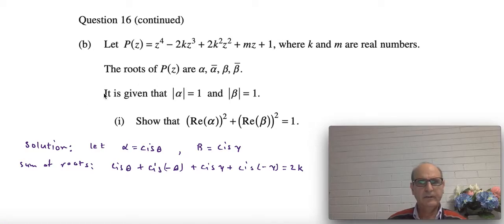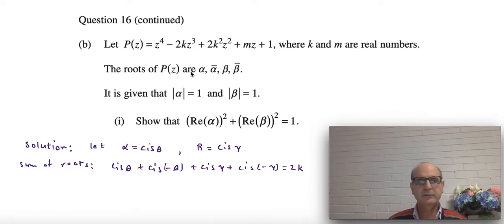Hello. In this session, we are solving 2019 HSC Extension 2, Question 16, Part B. P(z) is equal to z^4 minus 2kz^3 plus 2k^2z^2 plus mz plus 1, where k and m are real numbers.